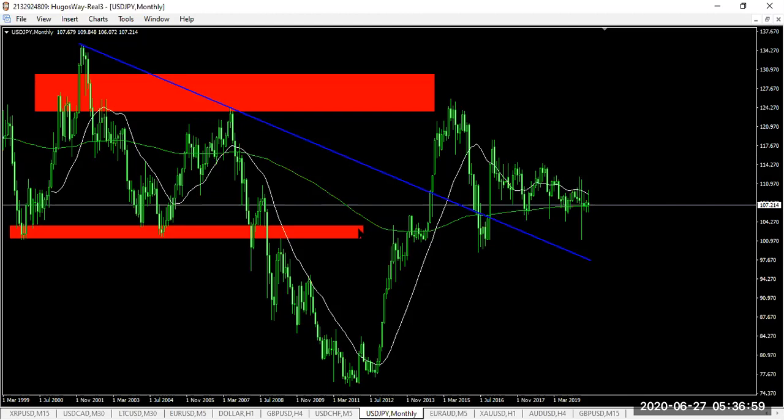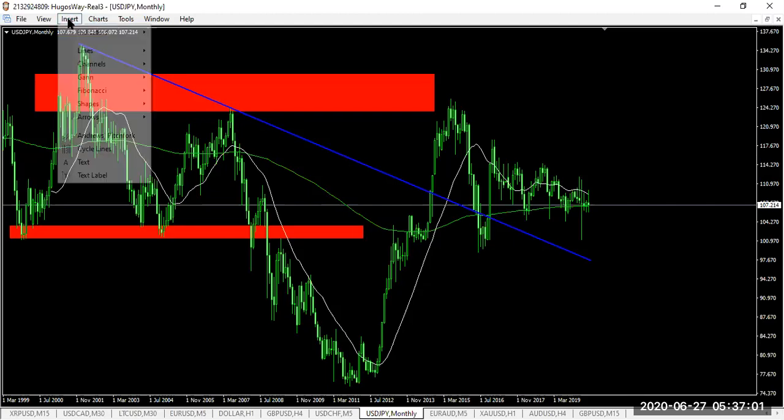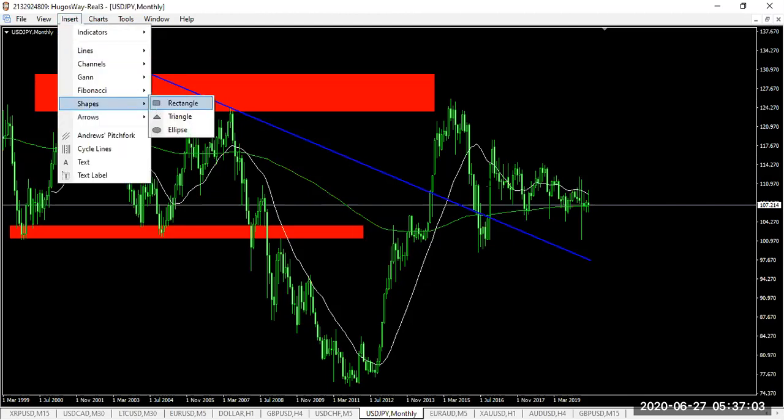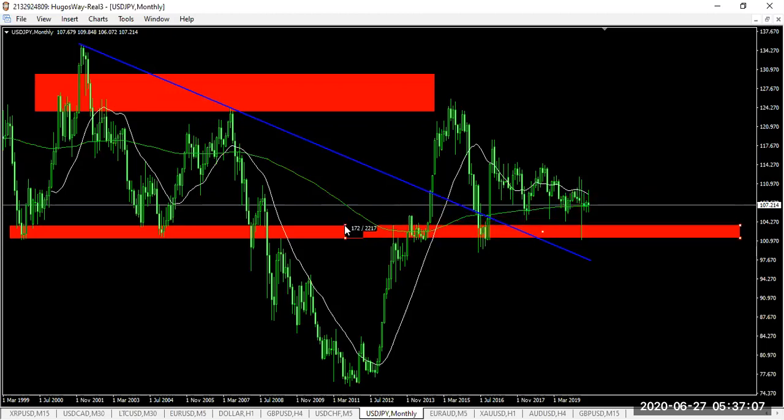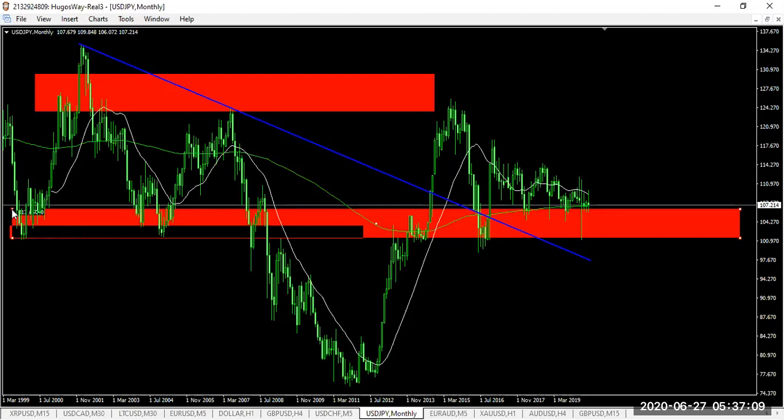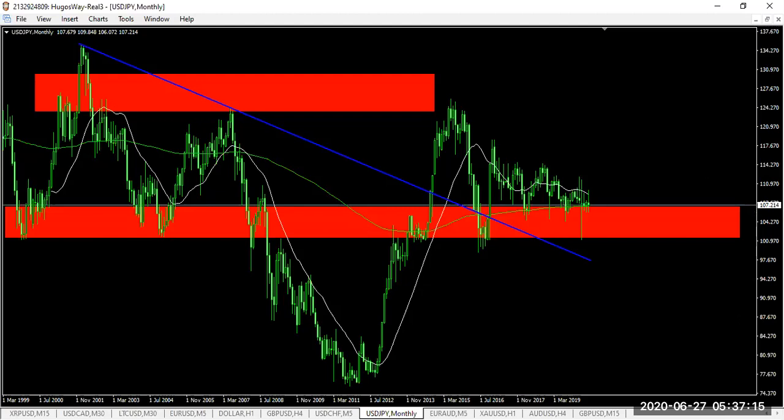Now, as you see, when price has broken above this trend line here on the monthly, this area is also in conjunction with the previous support level over here to the left. So now this would ultimately become support, a supportive area.